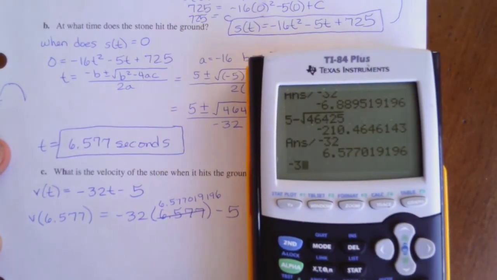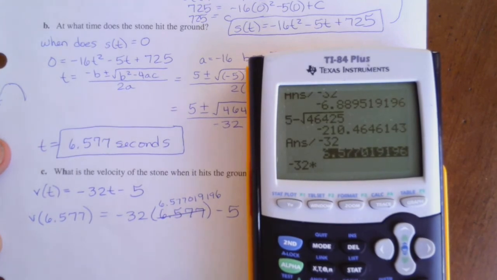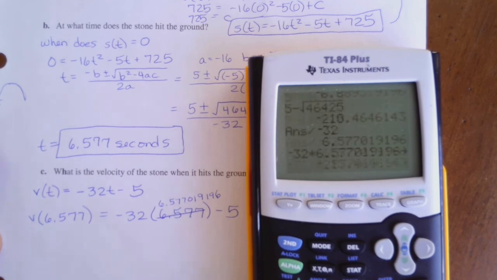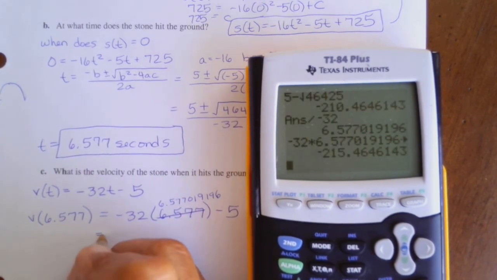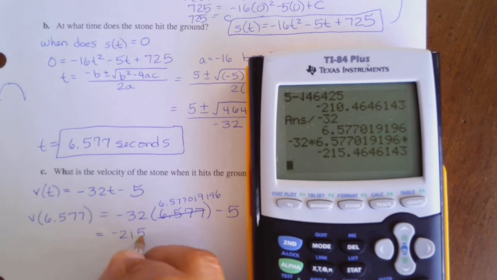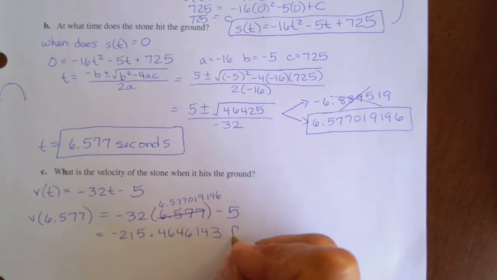Okay, so negative 32 times that whole number, and then minus 5. So I end up with negative 215.4646143, and this is velocity, so this would be feet per second.